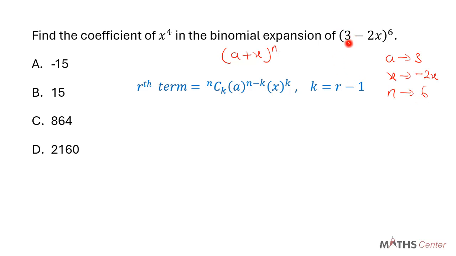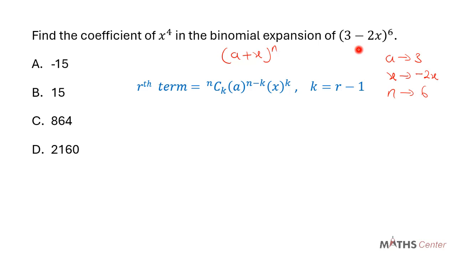In the binomial expression we have here, 3 is the first term and negative 2x is the second term. So when we write the expansion, x will be in ascending powers, which means that in the first term of the expansion, x will have an exponent of 0.